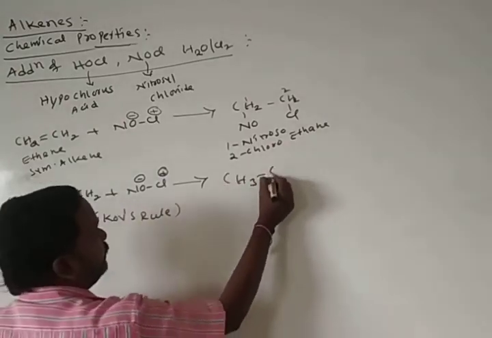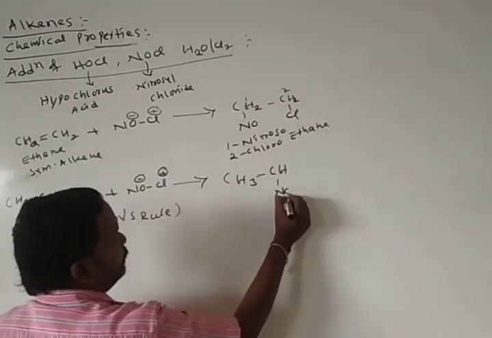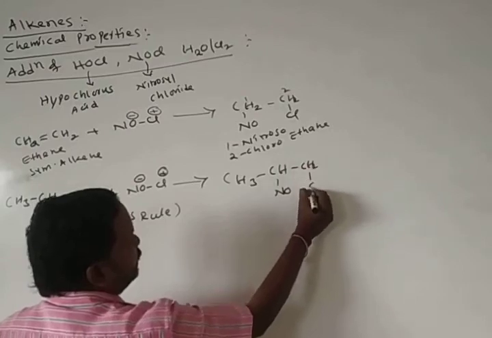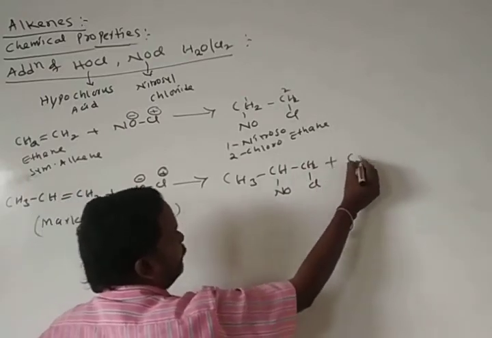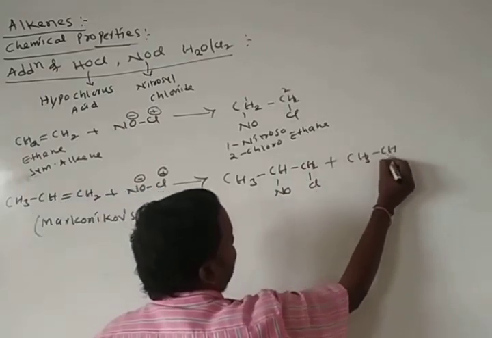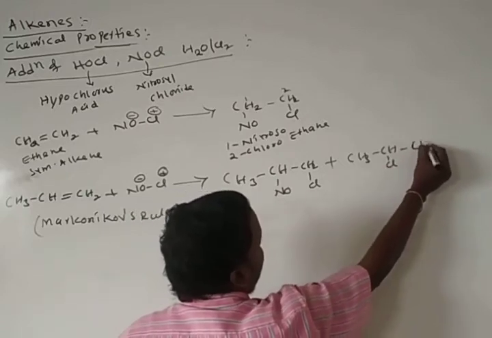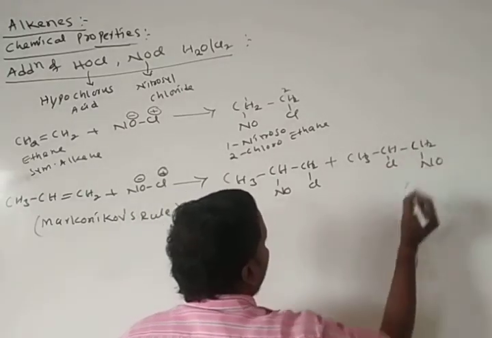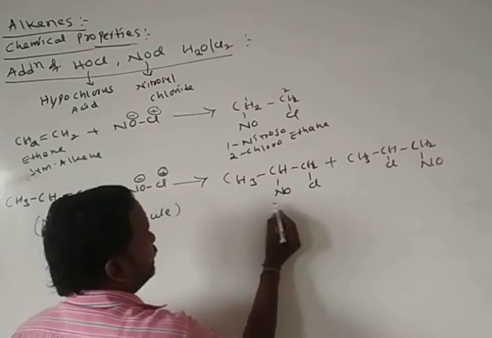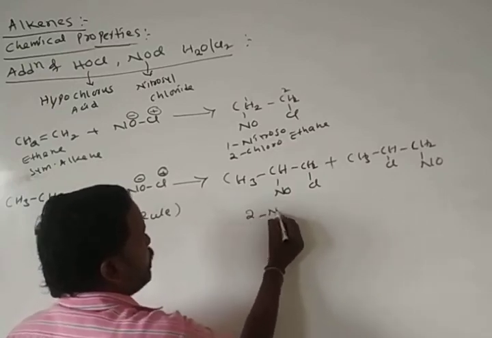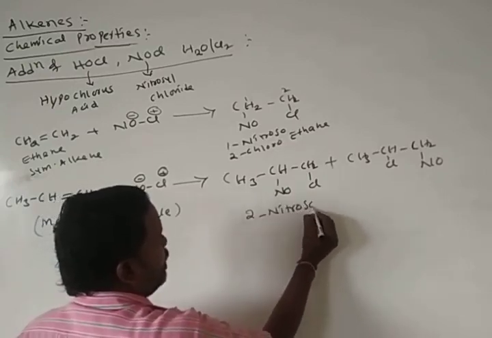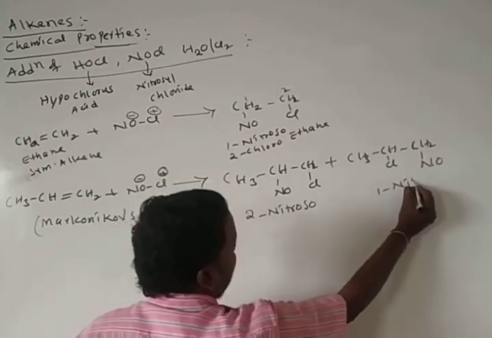See, two products are formed. Here NO, here CH2Cl. One more is there: here Cl, CH2, NO. This is 2-nitroso, this is 1-nitroso.